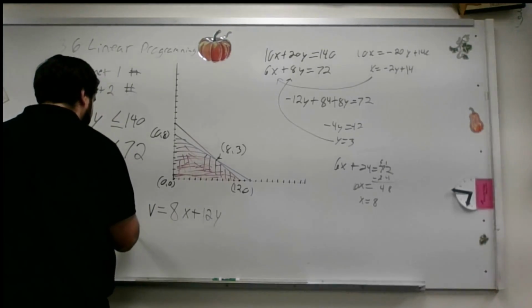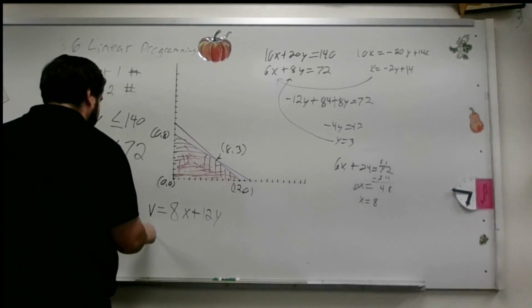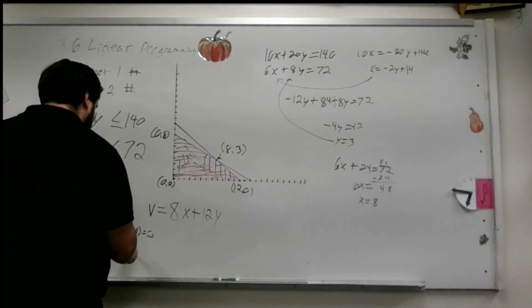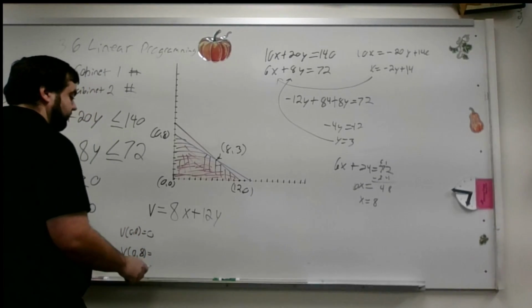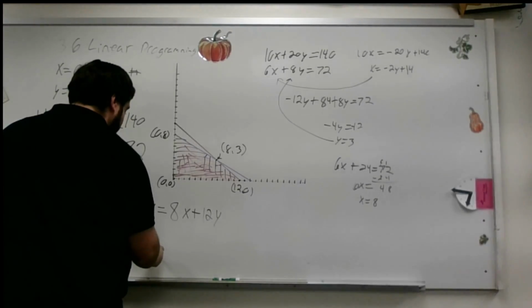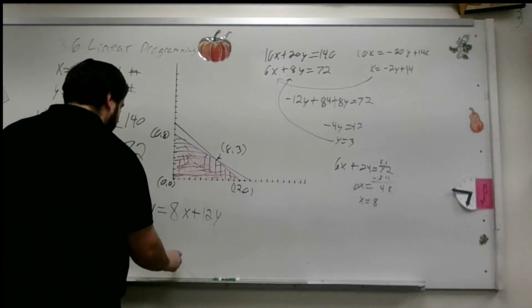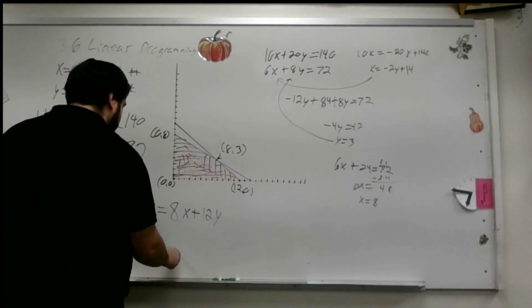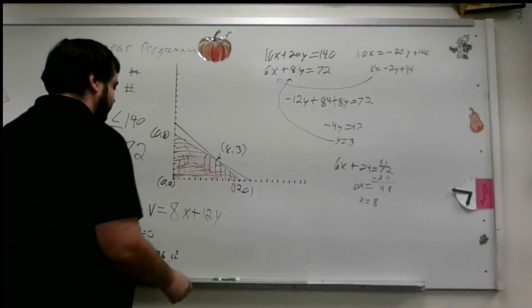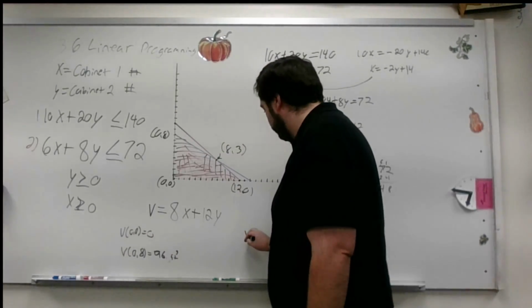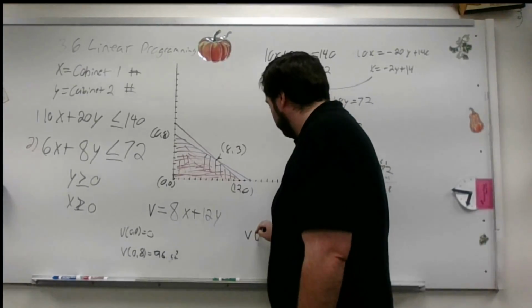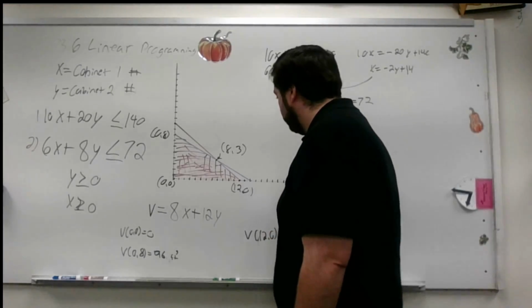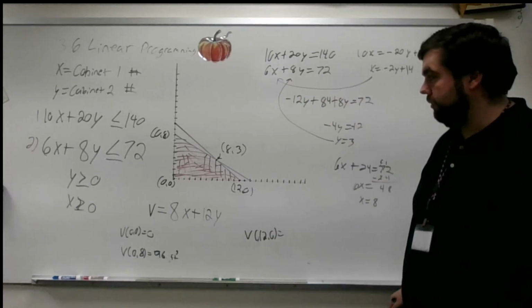So V of 0, 0 equals 0. V of 0, 8 is equal to 12 times 8, is 96. All right. Here, volume V of 12, 0 is equal to 8 times 12.